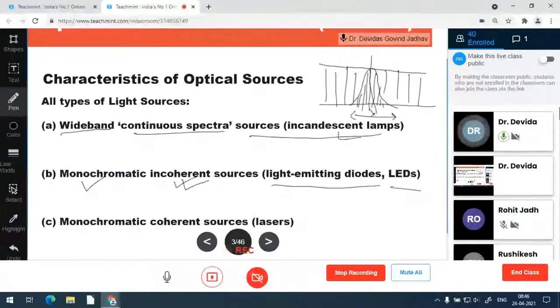What is in phase means all the photons will have the same phasor relationship. Just like the students after class ends, they come out of the classroom and go into the corridor, any school corridor. They are having a particular direction according to the corridor, but they are walking almost not in phase.